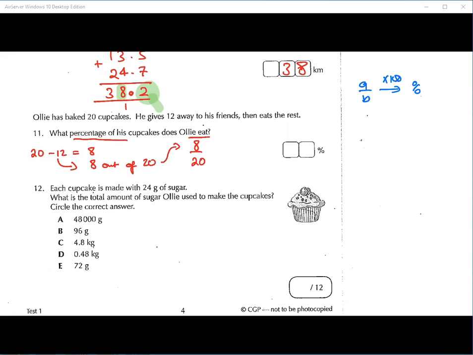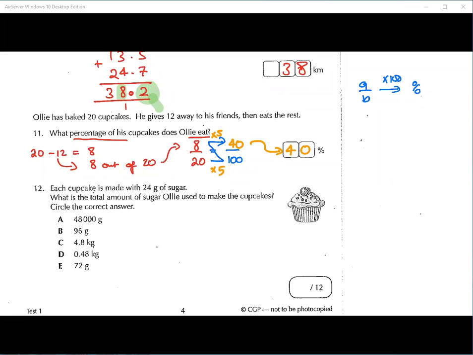Or in this particular case, what we can do easily is make it equivalent to hundredths. So we use the equivalent fraction technique. What do you do to 20 to make it into 100? Times by 5. And then 8 times by 5 is? 40. So the answer is 40%. 40% have been eaten.